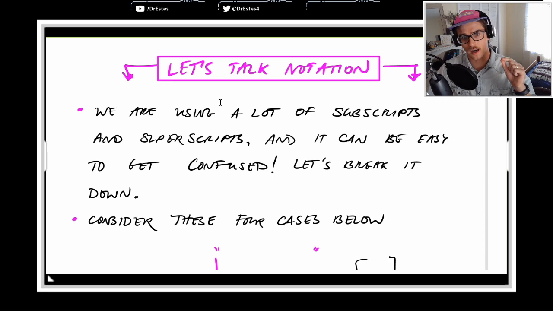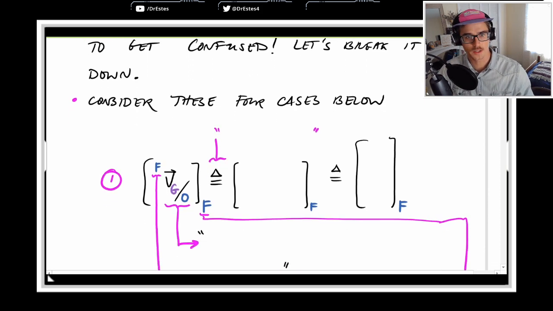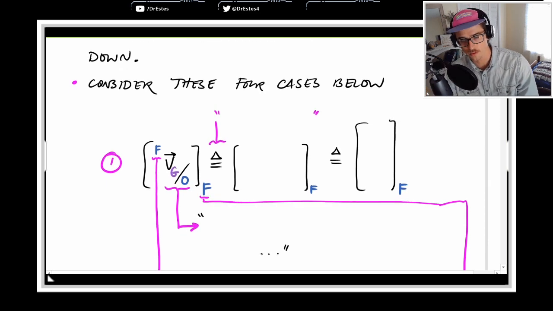And so I want to show you 4 cases below, and I want to break this down and we'll try to make it really clear. Okay, so look at this first case. We're going to do 4 of them, and we're going to talk about what the superscripts and subscripts mean in each case.